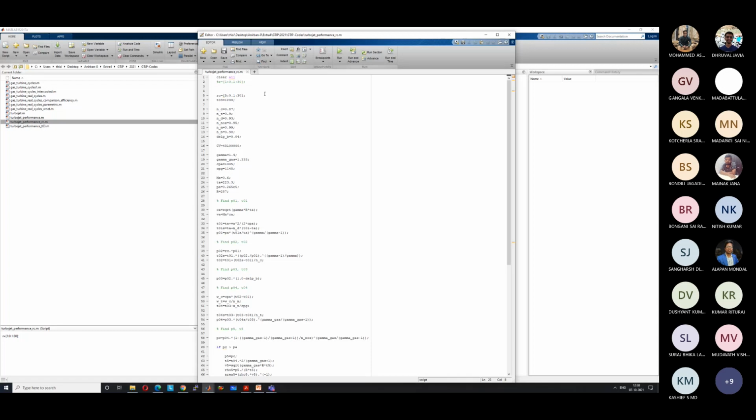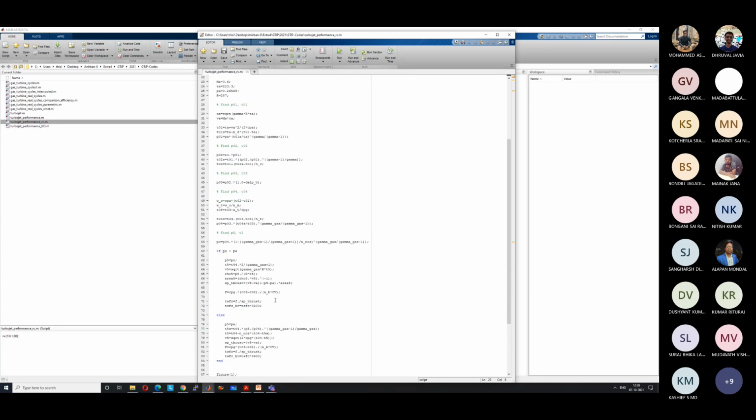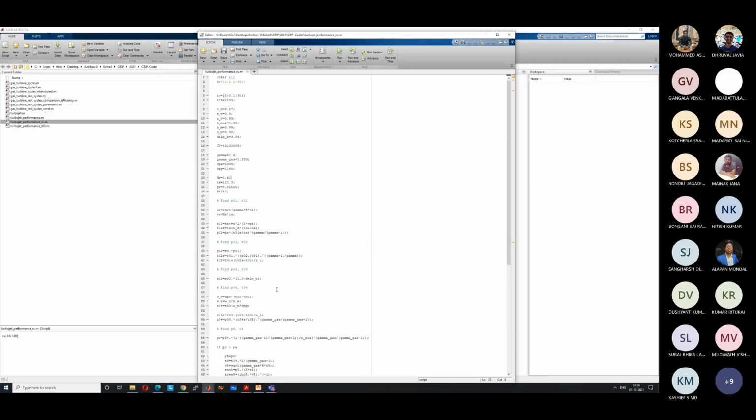So I start with 5 and do the design point calculation, the exact set of calculations that we have done. I might have taken some approximation while calculating the fuel air ratio, but otherwise it is almost similar. Then I change the compressor pressure ratio by a small amount. Instead of 5, I make it 5.1. Again, do the calculation, find out what is the thrust specific fuel consumption and the specific thrust. Then I make it 5.2 compressor pressure ratio. Again, do the calculation.